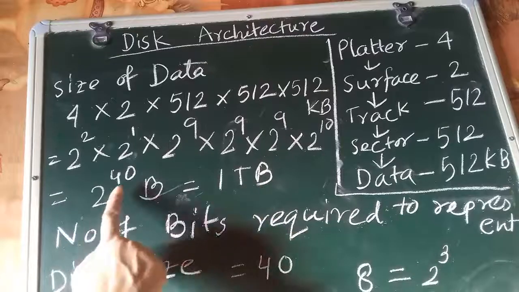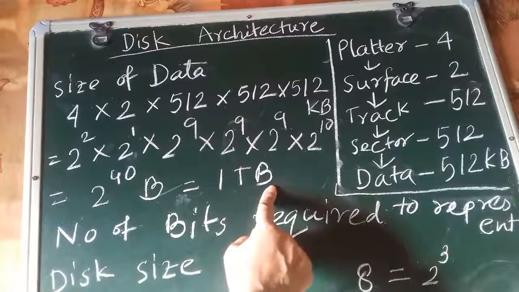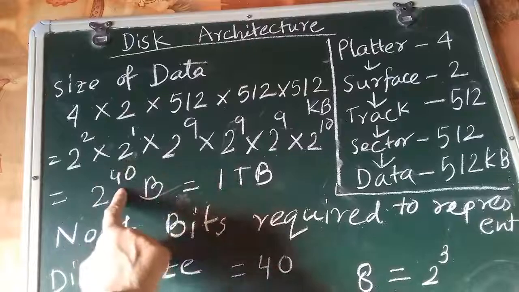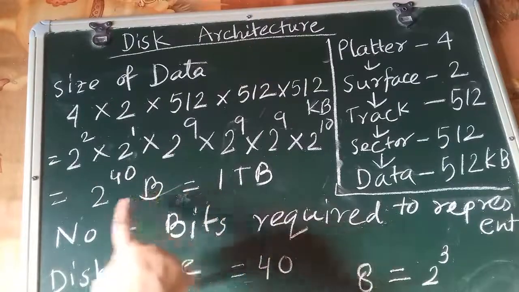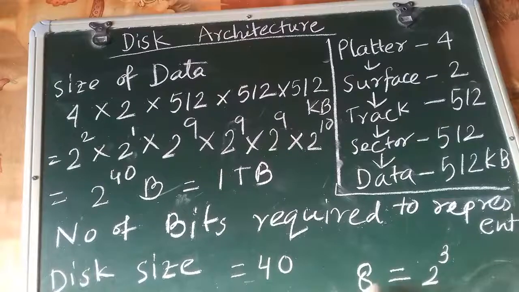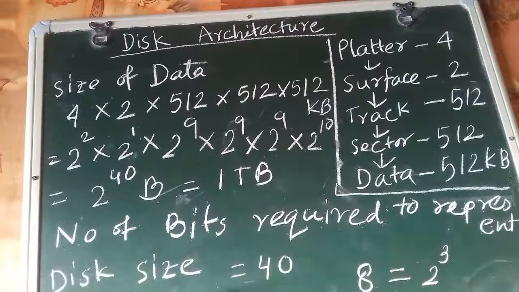So 2 to the power how much is there to represent the size of data? How many bits do I require? 40. Here it is 8, which needs 3 bits. We know it very simply. Here we will write 40, so the number of bits required to represent the disk size will be 40.